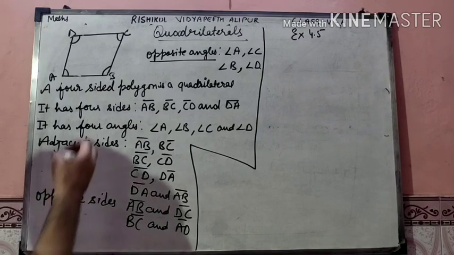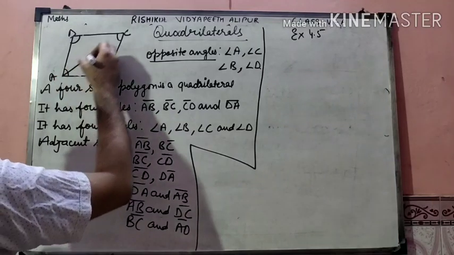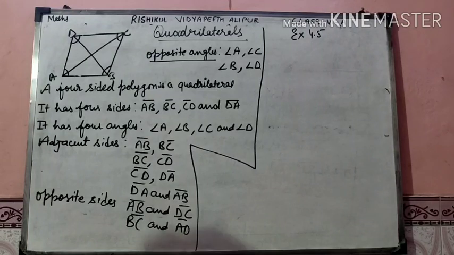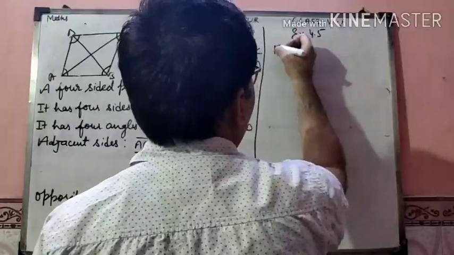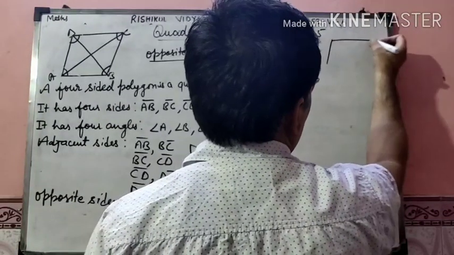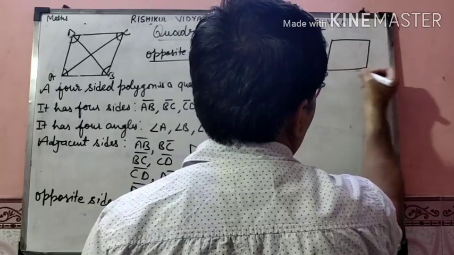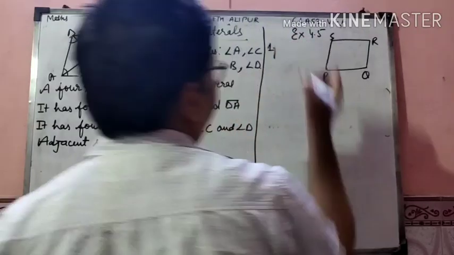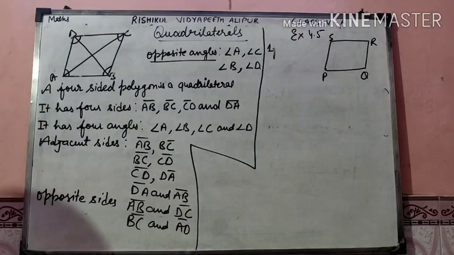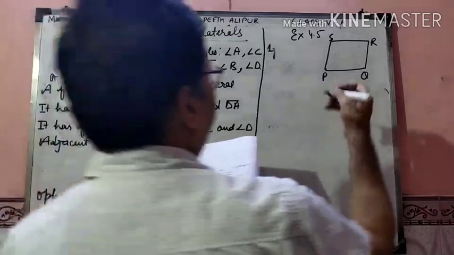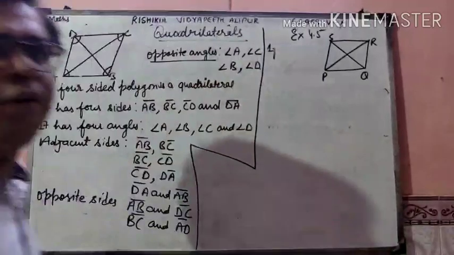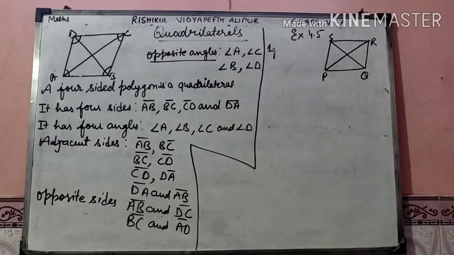When we join the opposite vertices, they become the diagonals. You have to only draw them.